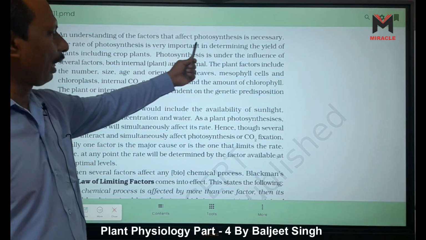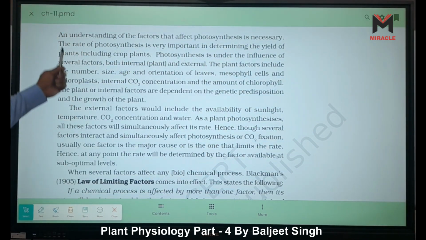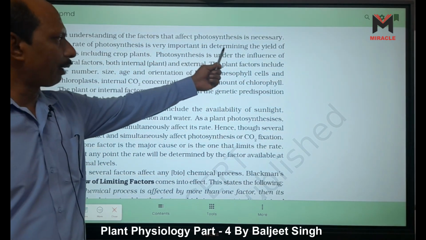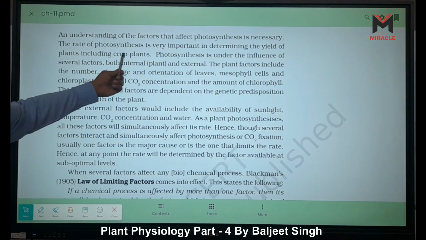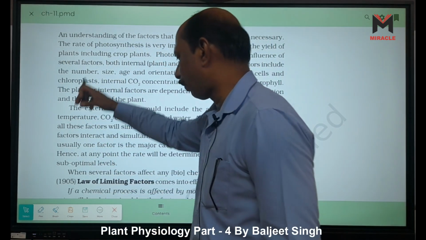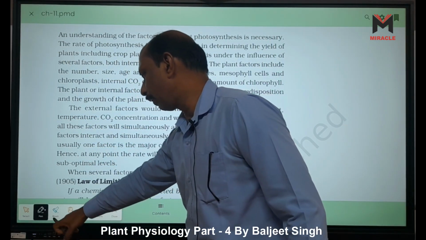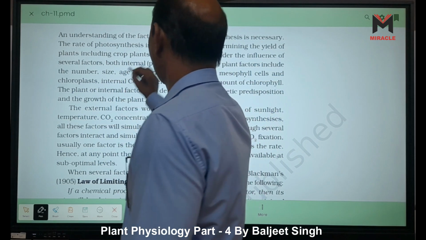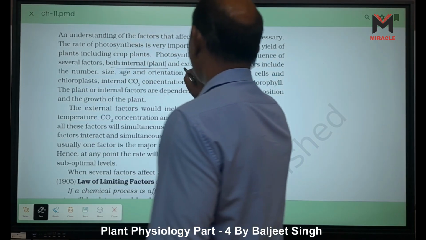Understanding of the factors that affect photosynthesis is also necessary. The rate of photosynthesis is very important in determining the yield of plants, including crop plants. Photosynthesis is under the influence of several factors. First given here, look, internal as well as external.